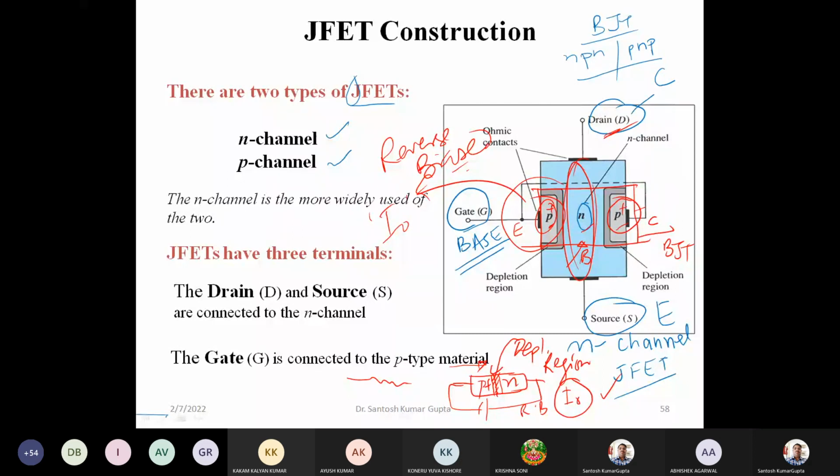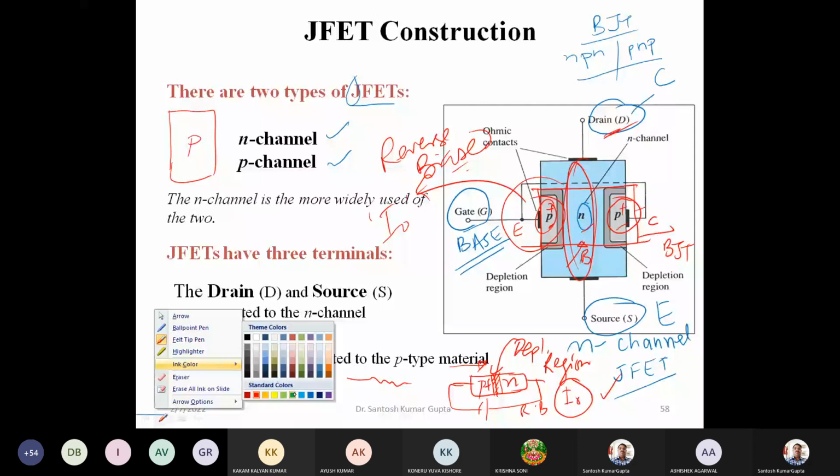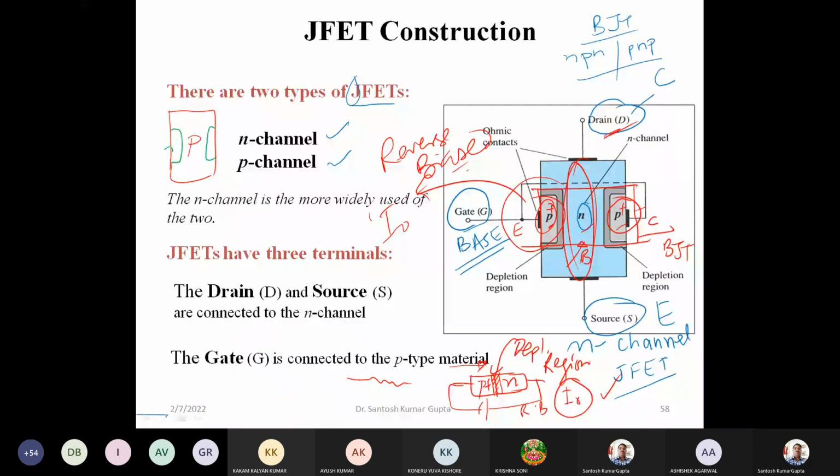This JFET has three terminals, namely drain, source, and gate. Drain and source are connected to this N channel from both ends, and the gate is connected to the P type material over here for the N channel. If we are talking about the P channel, then this channel will be made of P type material, and we will have the doping of opposite material, N plus regions, connected together.